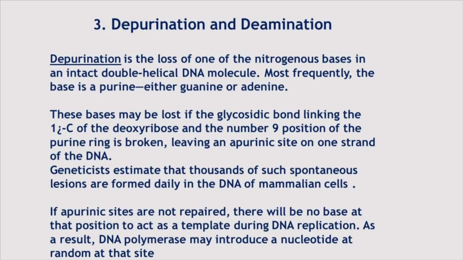So it leads to a change in the base pair, and if this apurinic site is not repaired by the cell in the normal circumstances, it's a gap where any nucleotide can come randomly and occupy. So the purine, whatever was present, will be replaced by any of the rest of the bases, which leads to mutations.